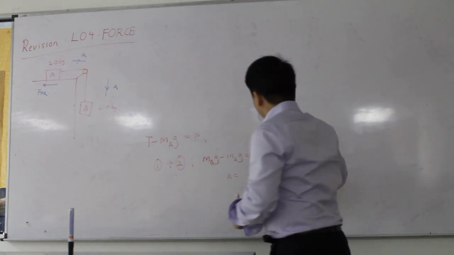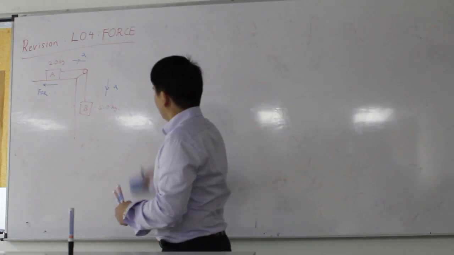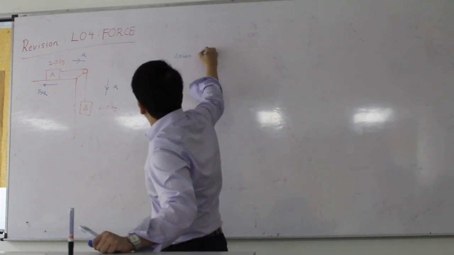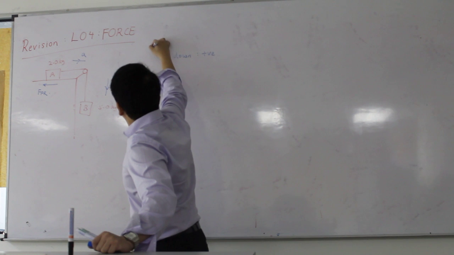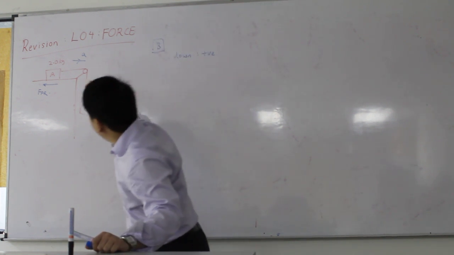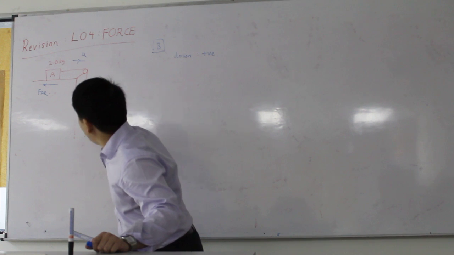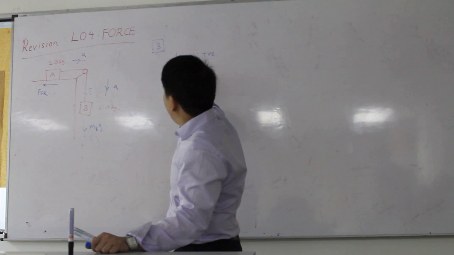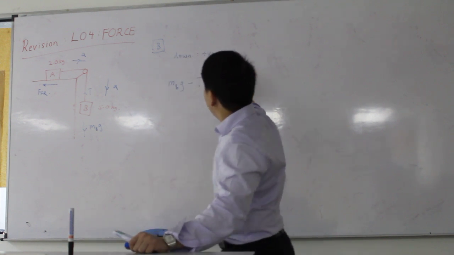For the object B, again, we consider downward is positive for object B. Then we can use, there is a tension here, upward, MBG downward. So MBG minus T equal MBA.